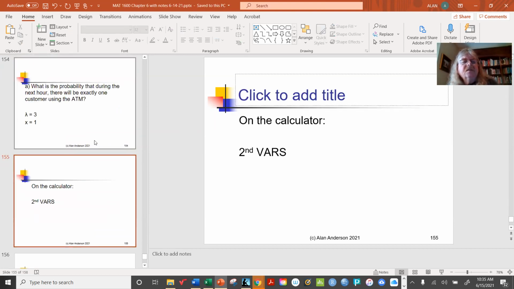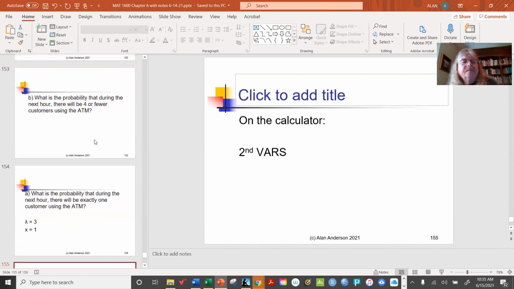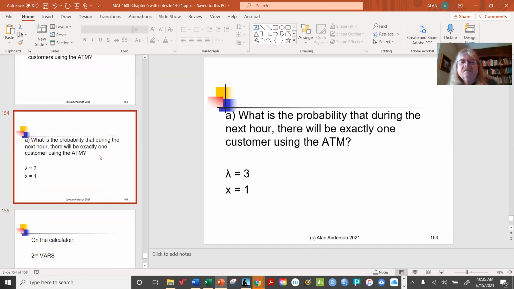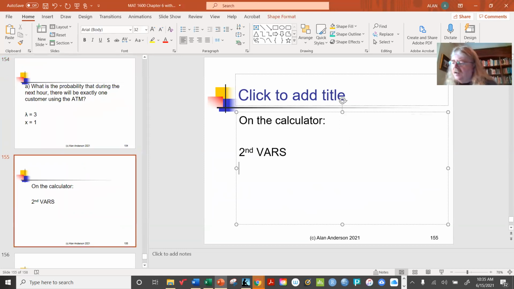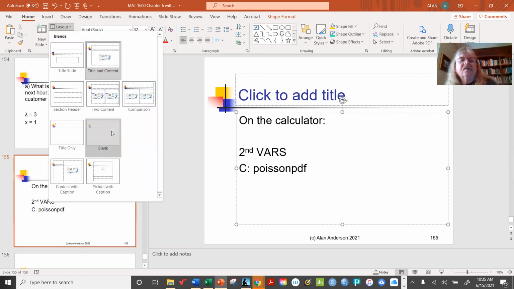So in part A, the probability that there'll be 1 customer, so lambda is 3, x is 1. And so you do what we normally do. 2nd, VARS, C, Poisson PDF. And when we get there, we'll do exactly what we did yesterday.